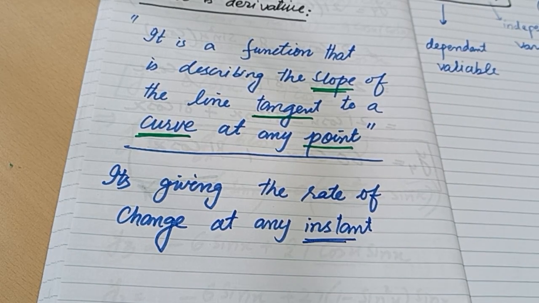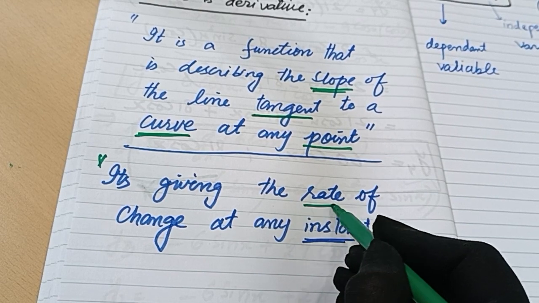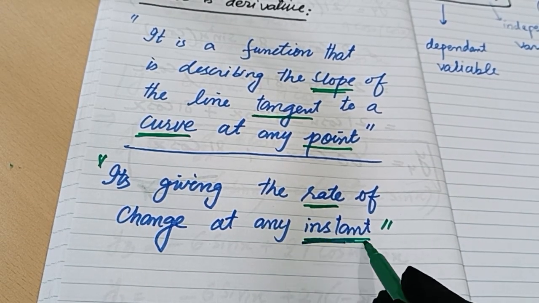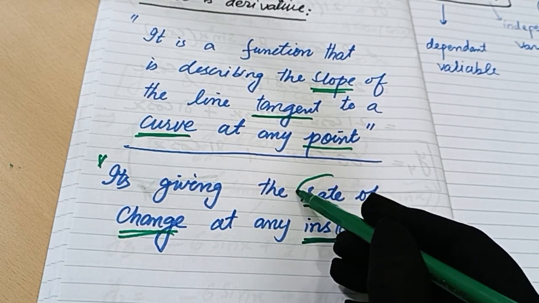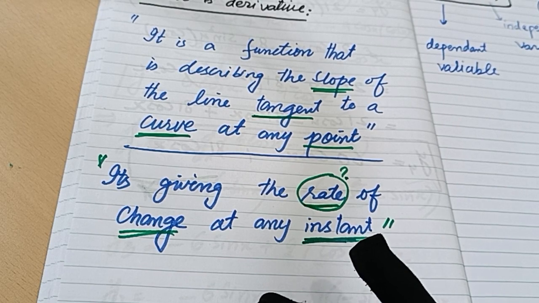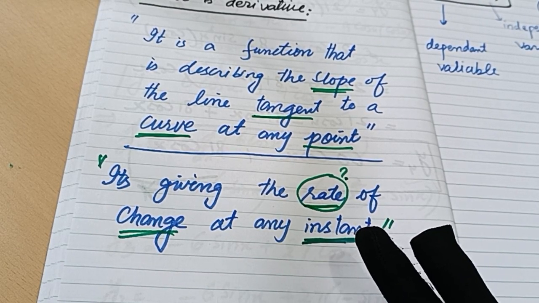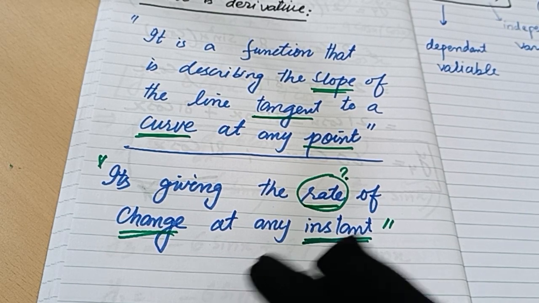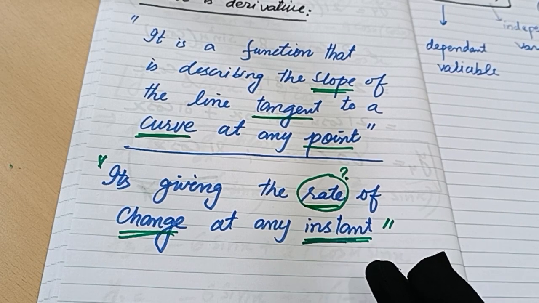In this you must know about the rate, the instant and the change. What is a rate? Rate is the comparison of two different quantities. If you are comparing the change in one quantity with respect to the change in another quantity, that is called a rate. So we are checking the rate of change at any instant.